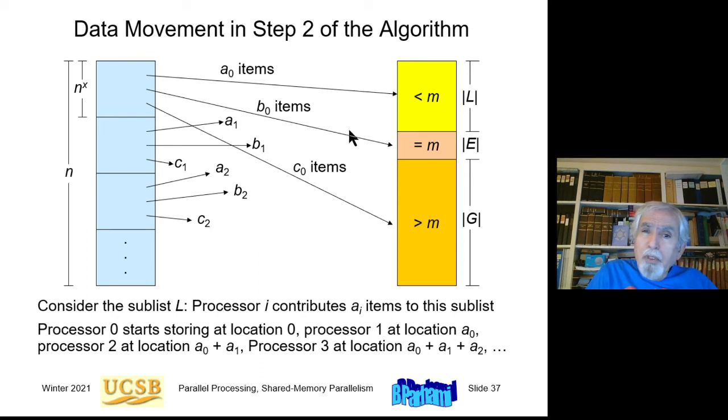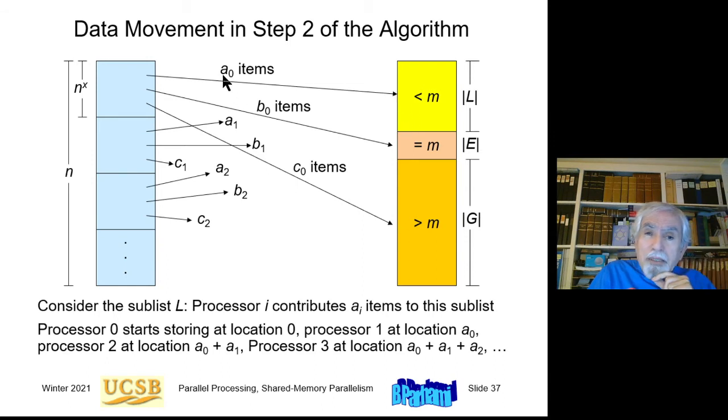So the total number of elements that go into this part will be A0 plus A1 plus A2, and so on. The total number of elements that go into this part will be C0 plus C1 plus C2, and so on. Now, we can allow these processors to store their values into this part in parallel.